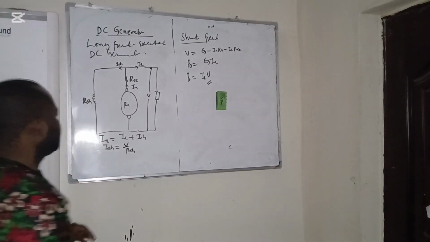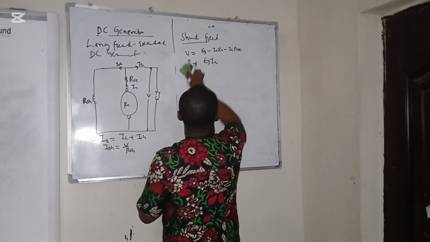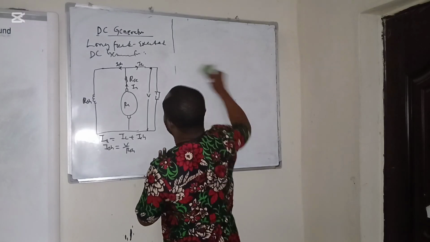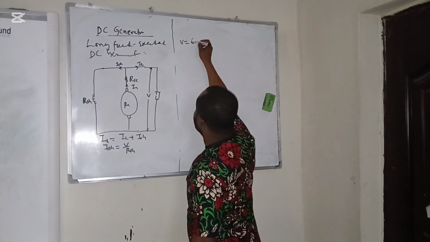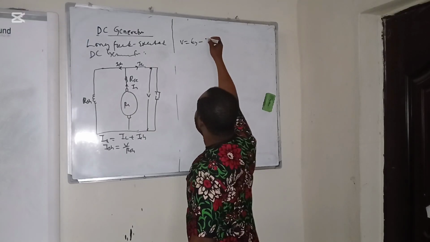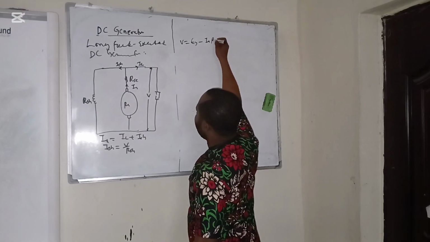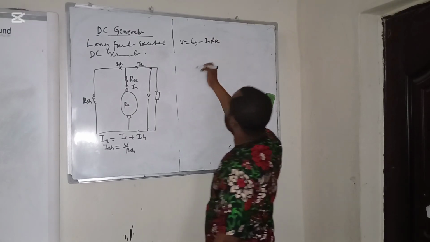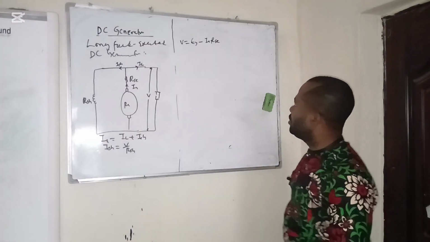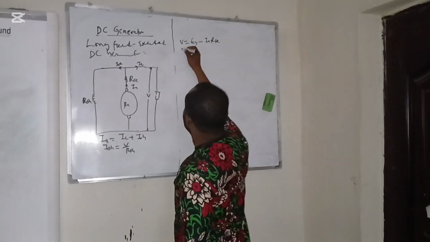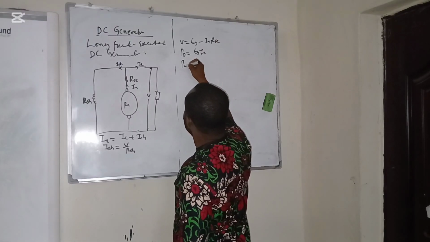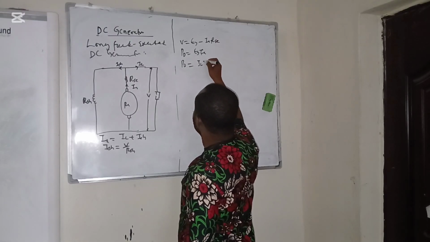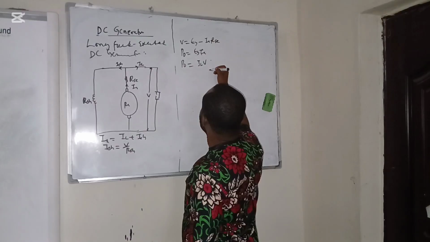We also have V. V is equal to this minus the series field drop. So the power developed is the same, and also the power delivered is this and this, which is the same thing as multiplying this.